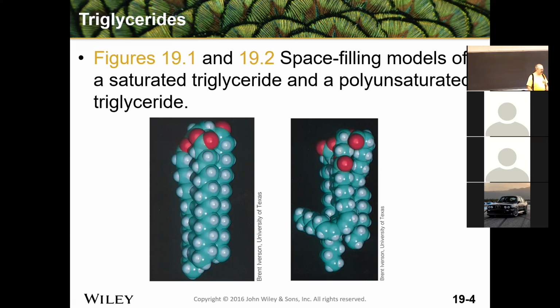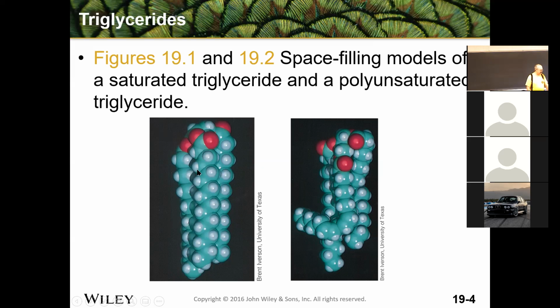Here's a space-filling model of a couple of different triglycerides. Red represents oxygen, white represents hydrogen, and this light green represents carbon. This is what's called a saturated triglyceride or saturated fat, which means that in this particular molecule, there are no double bonds in the chain.